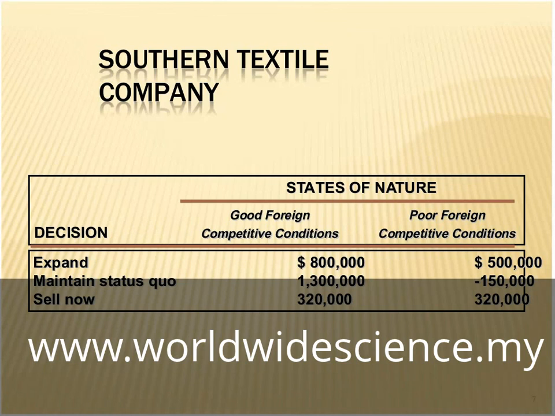In each column of a state of nature, you should select the maximum number. For example, in the column of the good foreign competitive condition, which number is the maximum?